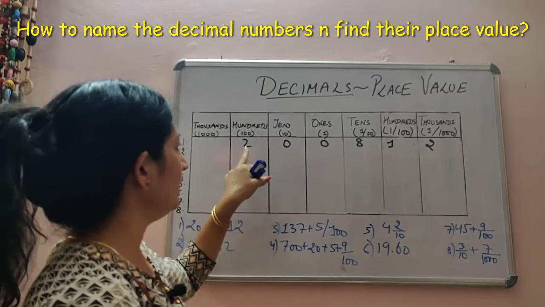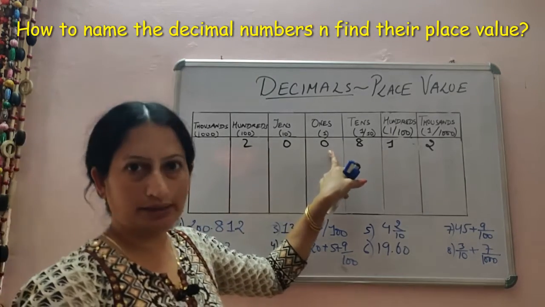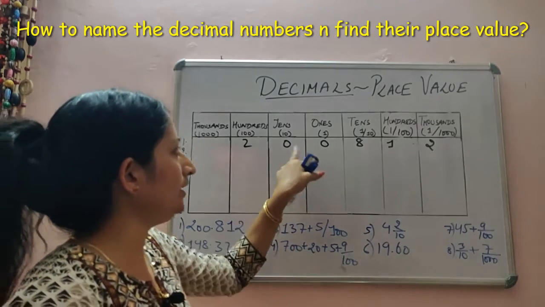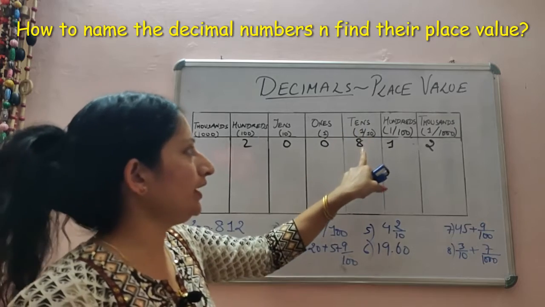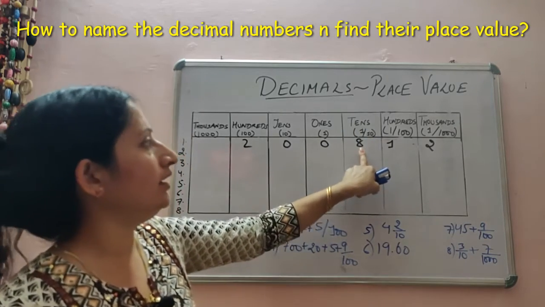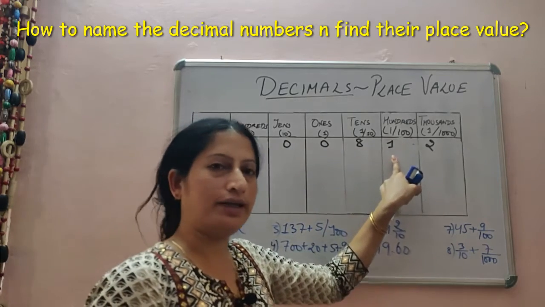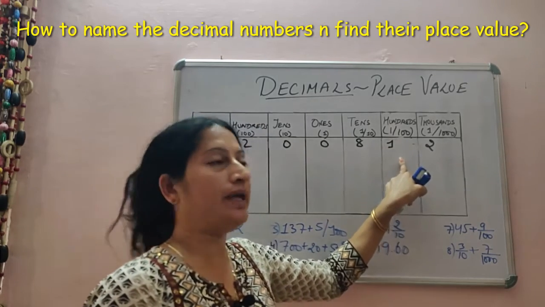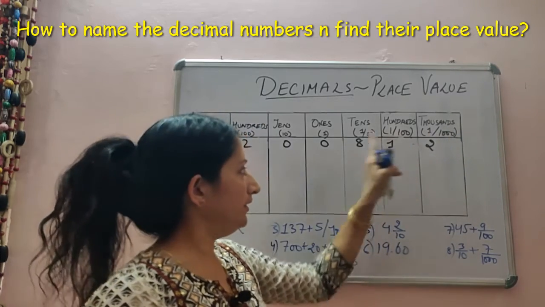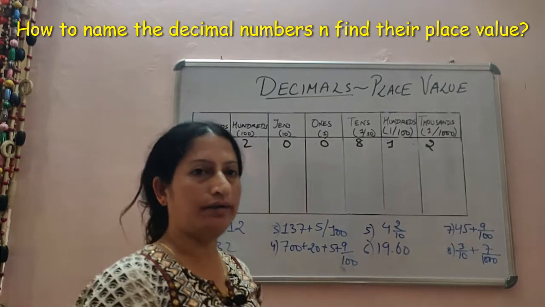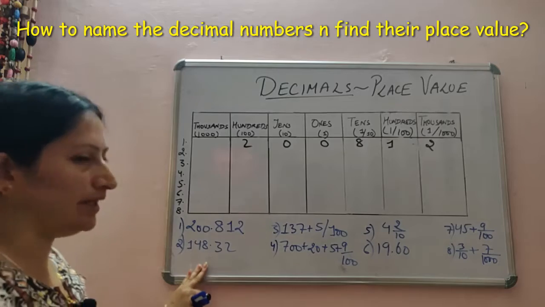So we can say that the place of 2 is 200, the place of 0 here is tens and ones, this 8 is 8 by 10, 1 is 1 by 100 and 2 is 2 by 1000, in this number 200.812.